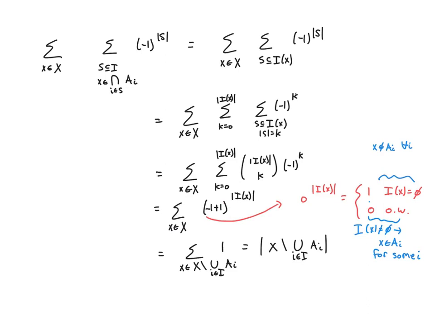Since we're summing over all subsets of a given finite set, another way to do this calculation, if you were to actually calculate it in real life, is to break subsets up by their sizes. We notice that this alternating sum, this exponent, only depends on the size of S and nothing else.